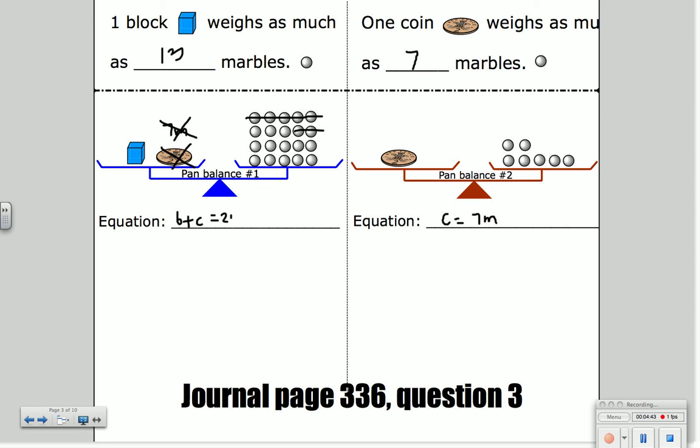So that's how you would write that as an algebraic equation: B plus C equals 20M. As in, a block plus a coin is equal to 20 marbles.